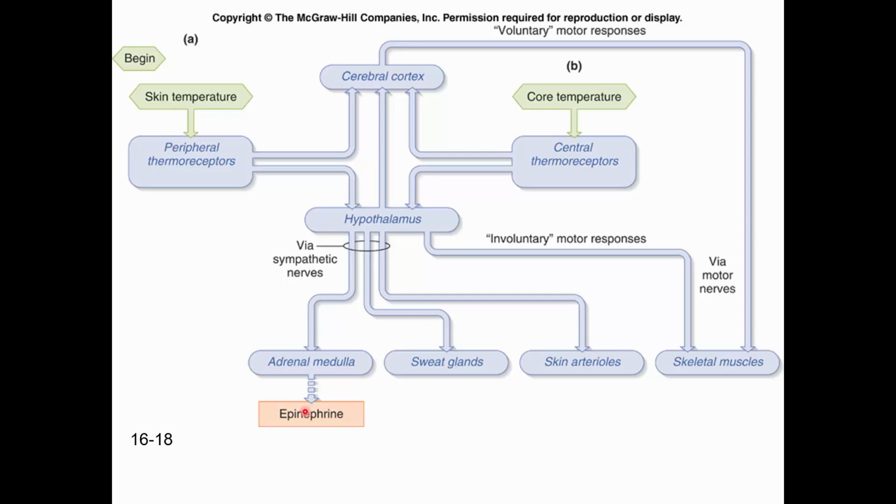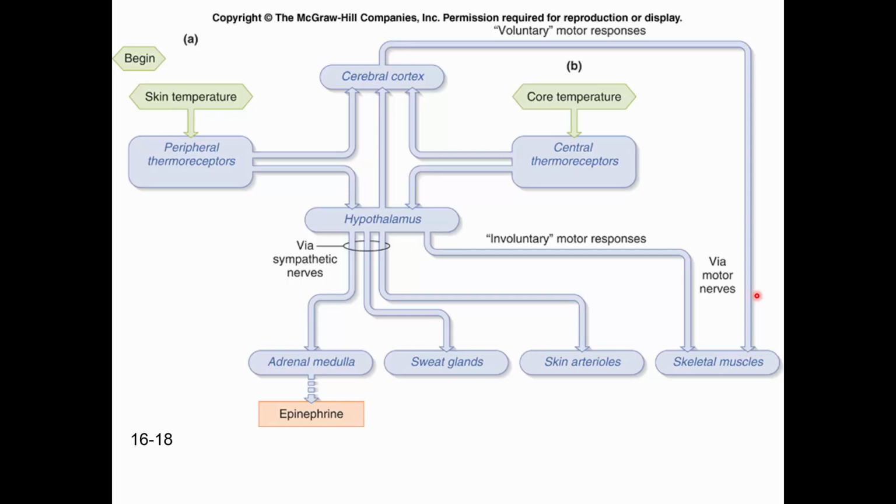An involuntary somatic innervation of the skeletal muscles causing shivering. And then the cerebral cortex can tell us to do all sorts of things. We could turn on a fan, or turn up the heat, or put on a sweater, or jump in place, or rub our arms and legs, or those kinds of things. There are all kinds of voluntary things we do.